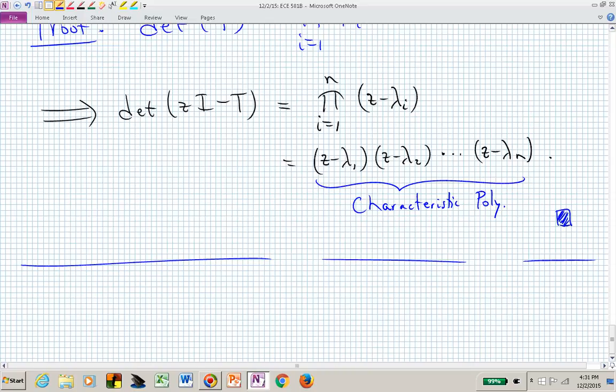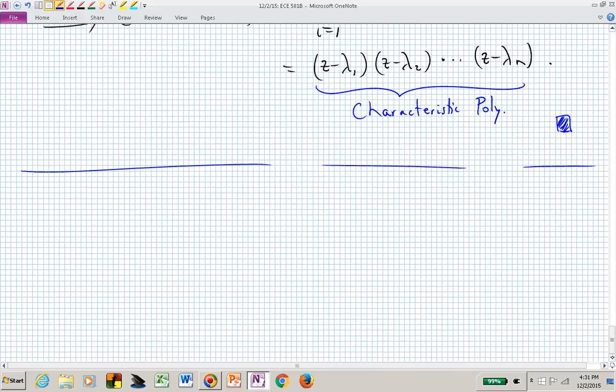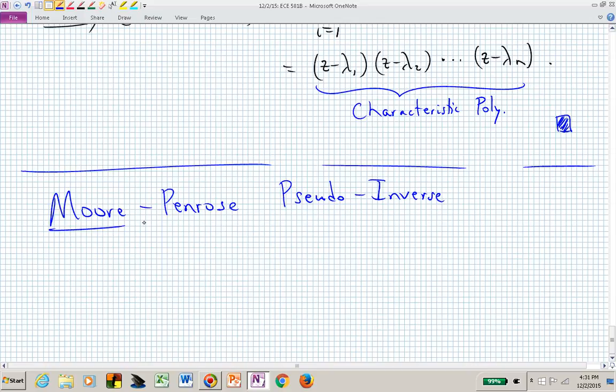Let's now look at the Moore-Penrose pseudo-inverse. And this is the same Penrose that is the author of the first 4 chapters of that book, basically a complete guide to everything, I can't quite remember the title, but in the resources to the course, one of those resources was concerning some early chapters in that book by Penrose.